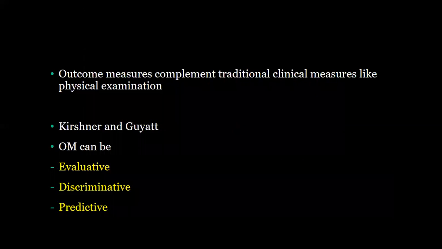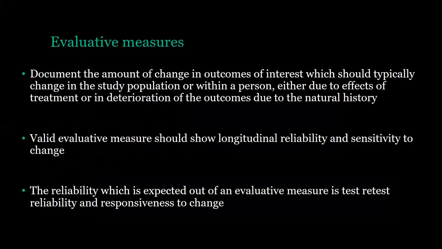Outcome measures complement traditional clinical measures like physical examination, and according to the authors Kirshner and Guyatt, outcome measures can be classified into evaluative, discriminative, or predictive kinds of outcome measures. Now, when we talk about evaluative measures, they document the amount of change in outcomes of interest, which should typically change in a study population or within a person, either due to effects of treatment or in deterioration of outcomes due to the natural history.